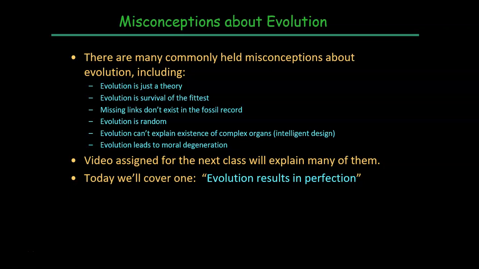A third one, and I haven't talked about this yet, but we'll get into it a little bit: missing links don't exist in the fossil record. This is actually a ridiculous argument at this point, because we have found so many bridge fossils between one form earlier in evolutionary history and a later form.